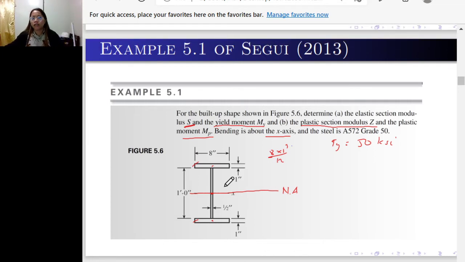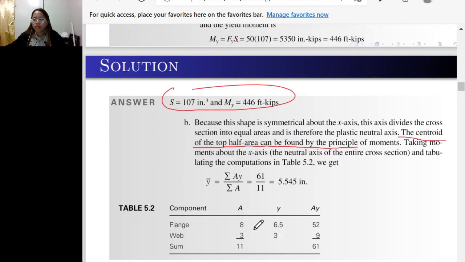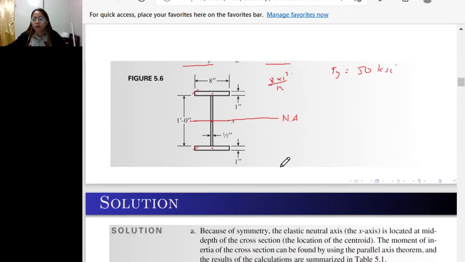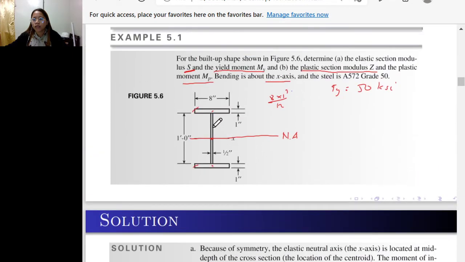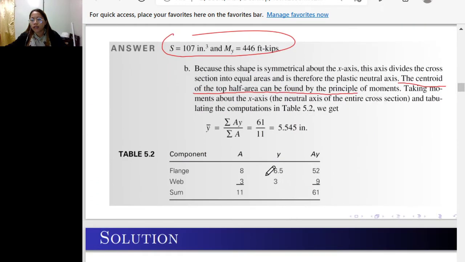Half of that is the area, so 3. And the centroid of the web is half. The height is 12 inches, so half is 6, and again half of 6 is 3 inches. So 3. Then multiply.